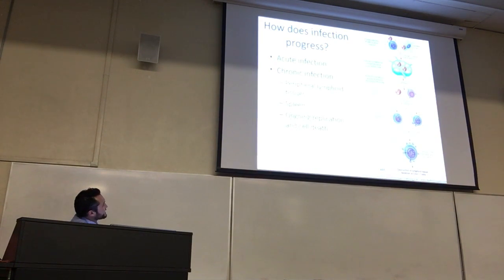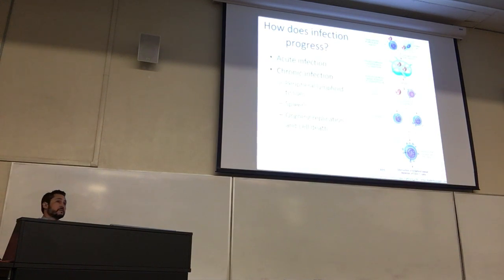And then clinical latency is where it remains in a kind of at-check status. In clinical latency, only about 0.1% of the CD4 cells, or the helper T cells, in the organism are actually infected with the virus. And it remains dormant in that period of time.